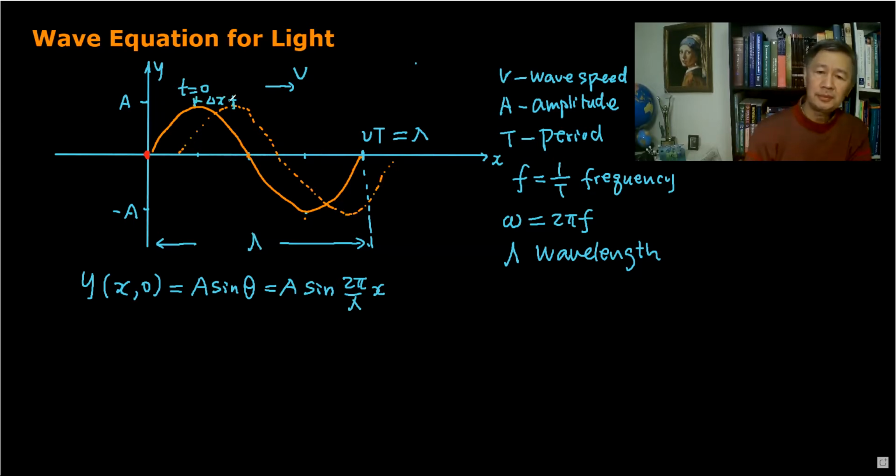So delta x in this case can be worked out. The delta x here can be simply written as the wave speed multiplied by the time. By the way, we started counting time: this is t equal to 0, and this would be t equal to t, just non-zero.